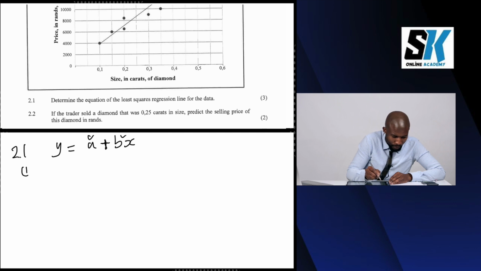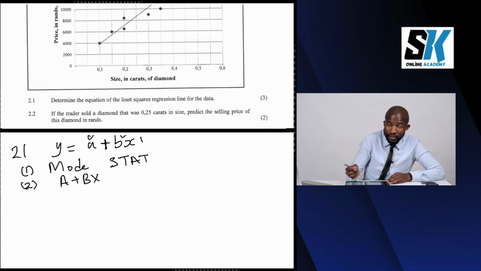Step 1 would be you press mode, and then you press stat on your calculator. The second step would be you choose where it says a plus bx, because remember you're looking for that equation. And then number 3, it would be where you insert your data.